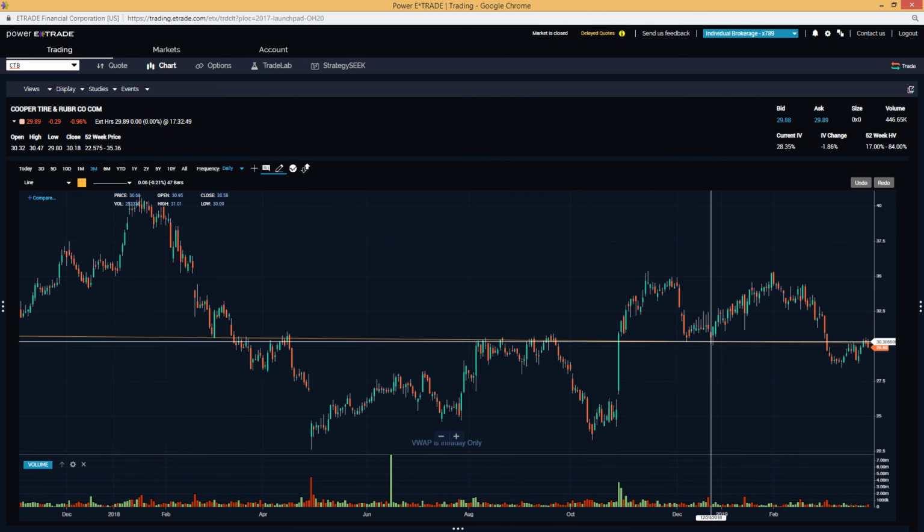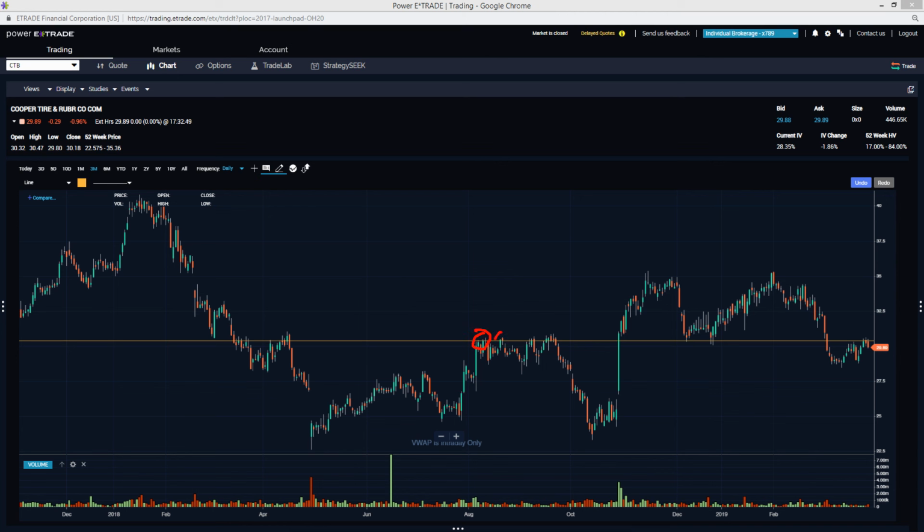As you can see here, it's not exactly to a T, but it is illustrating that. Here's your resistance, 1, 2, 3, 4. Once it hit that 4th, sellers beat the buyers, and the buyers didn't get comfortable, so it dropped all the way back down. But as you can see here in October or November, it broke through.